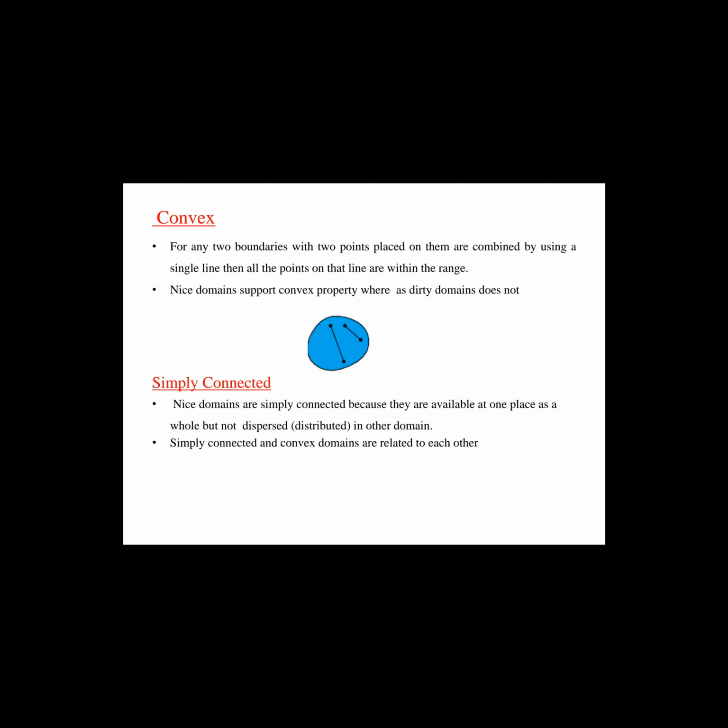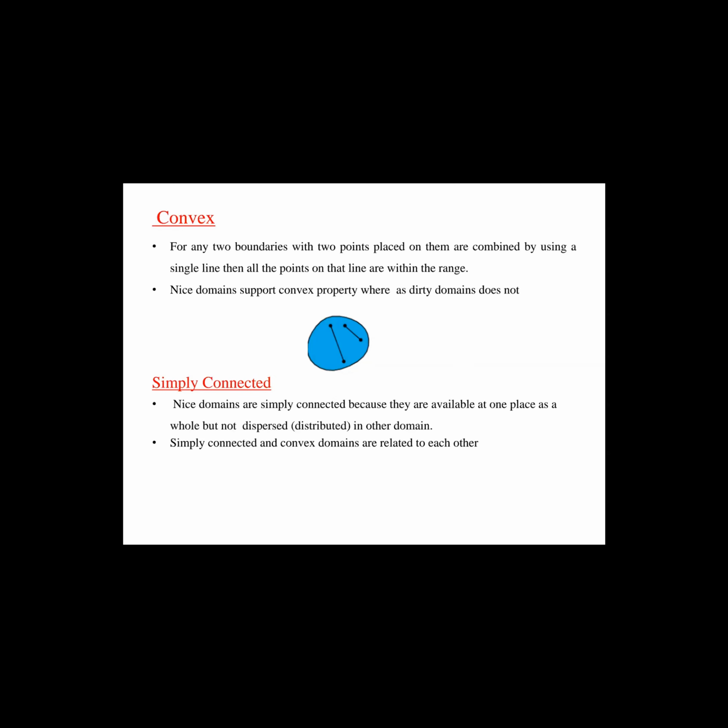So simply connected means nothing but connecting the points or the lines that are available at one place only. Okay, so that point should not enter into the other domain's range. Then that is called simply connected. Simply connected and convex domains are related to each other. That's why I have explained these two properties at one place.